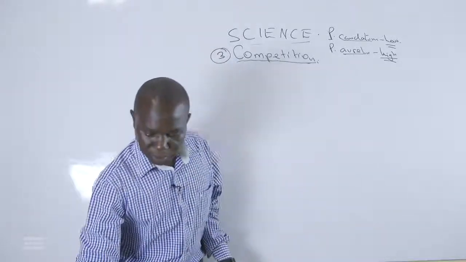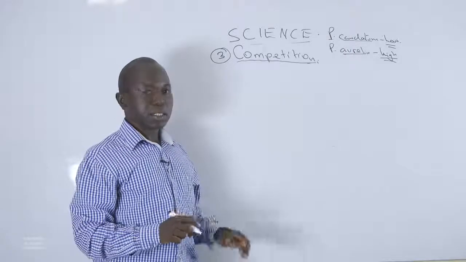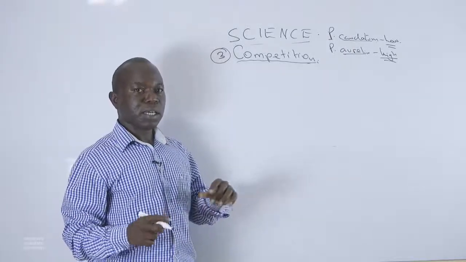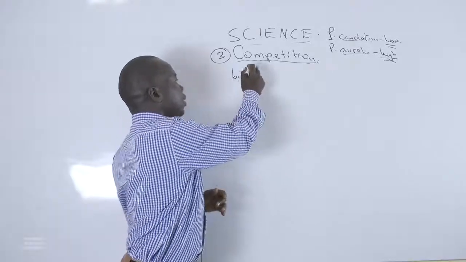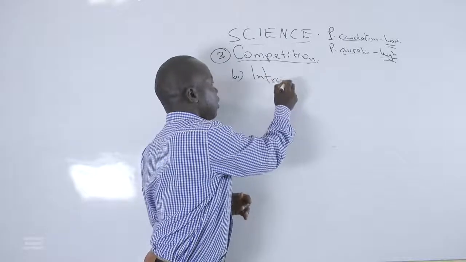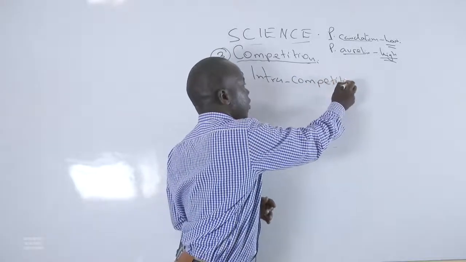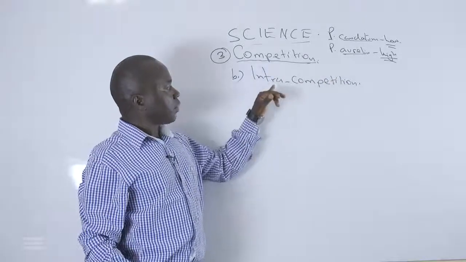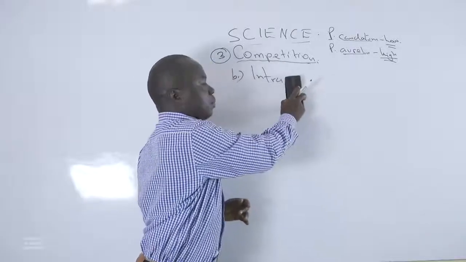So we should be able to remember that interspecific competition is slightly more dangerous than intra. Inter leads to extinction. So in our part B, we have two types of competition. First, interspecific competition. Second, intraspecific competition.